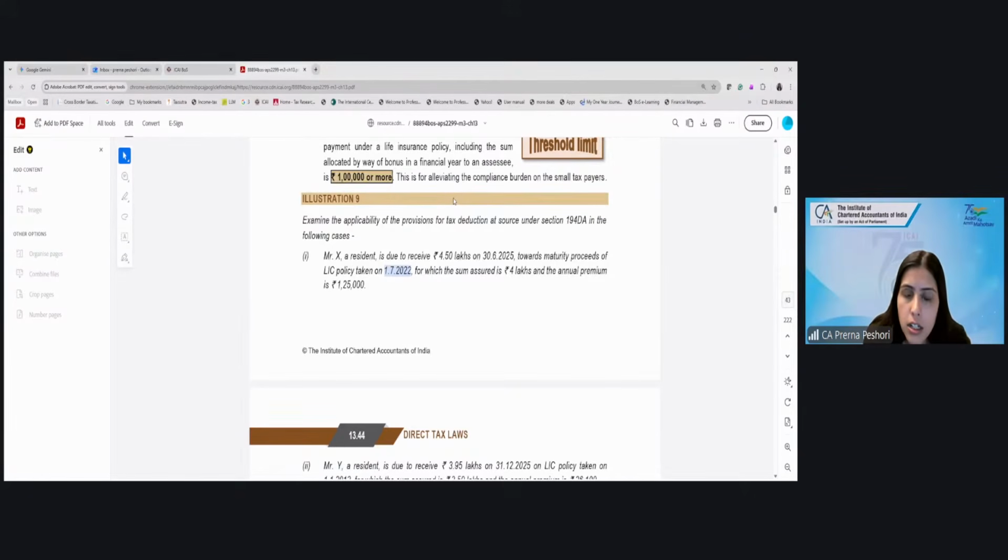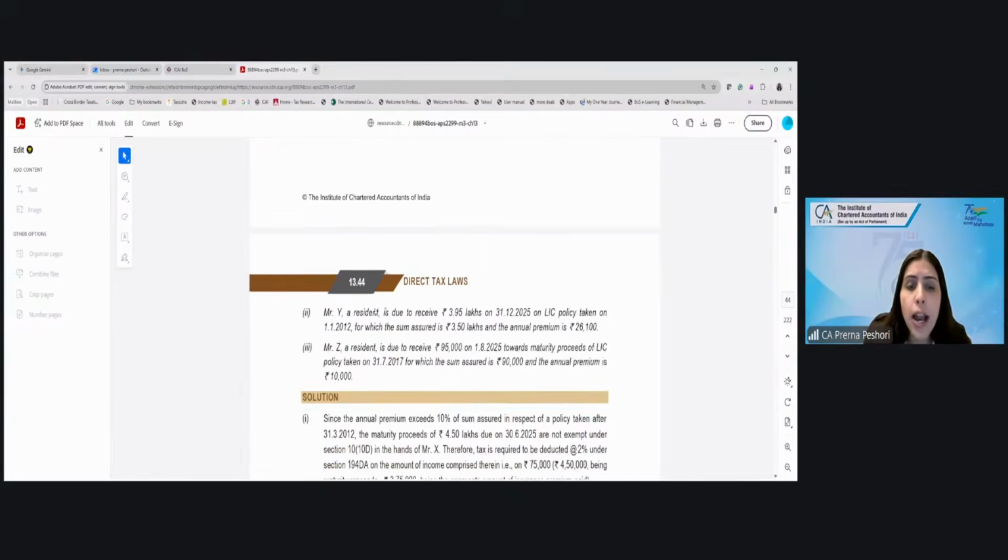Are we clear? Now, you will say this is less than 1 lakh. So, you have to see the threshold of the sum paid. But for the TDS purposes, you have to consider the income. But when to see the applicability, you need to see what is the sum paid. The sum paid is 4.5 lakh, which is more than 1 lakh. Obviously, there will be TDS.